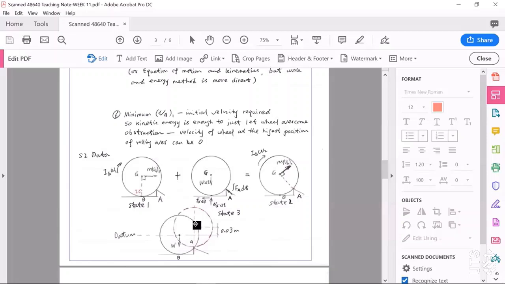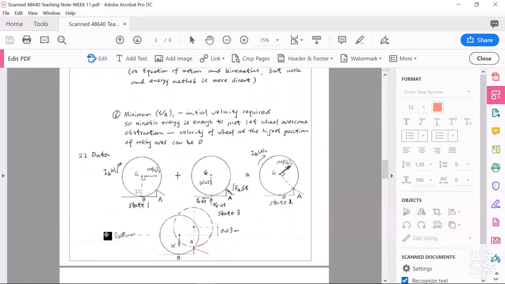And we know weight force is a conservative force. So this means to solve the problem from state 2 to state 3, we should be able to use conservation of energy. And we need a datum.